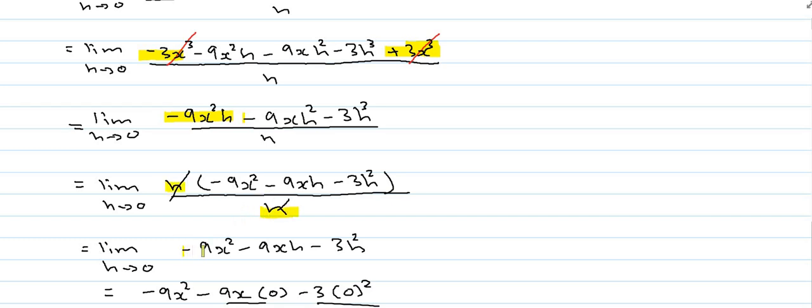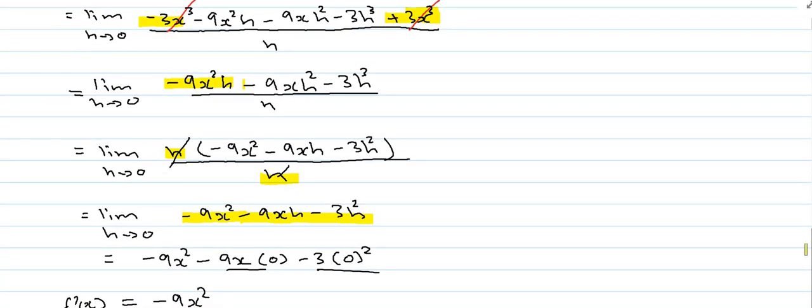Then we are left with negative 9x squared minus 9xh minus 3h squared. Therefore, at this point is where we substitute the limit as h approaches 0. Where we see h, we substituted 0. Then our final answer became negative 9x squared.